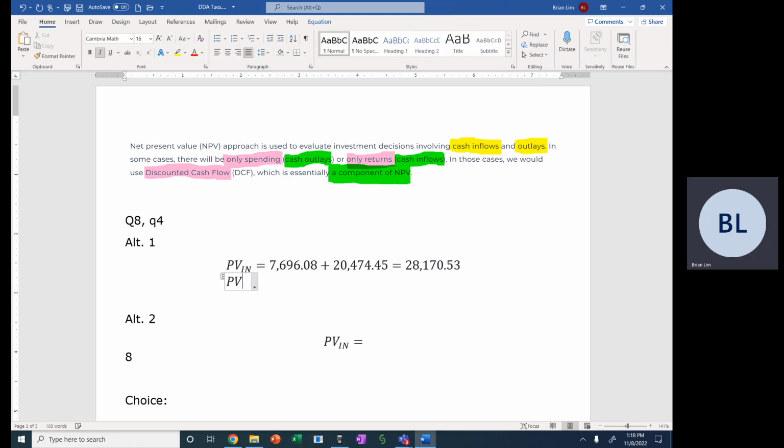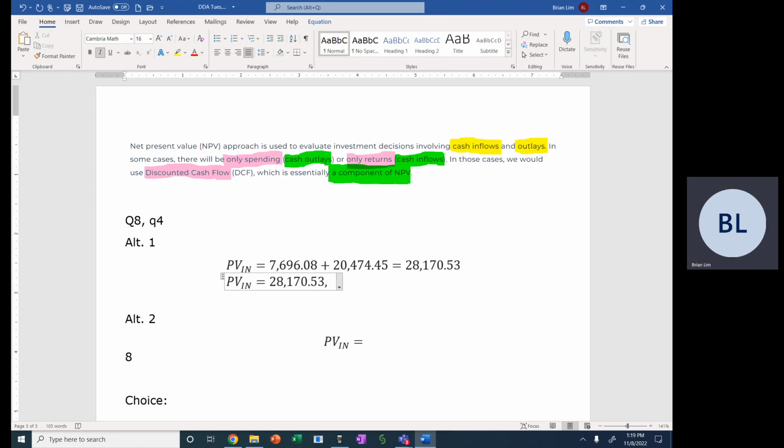So let's go PV and we want PV in. So that total is, sorry, we got PV in already. Well, PV in we could say is $28,170.53.